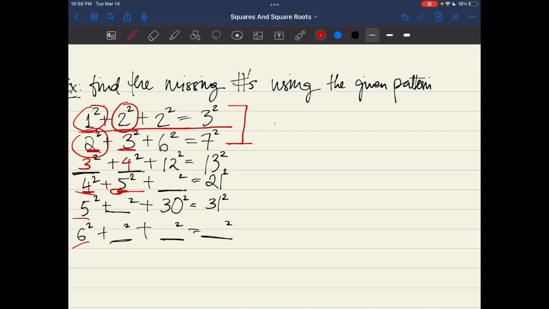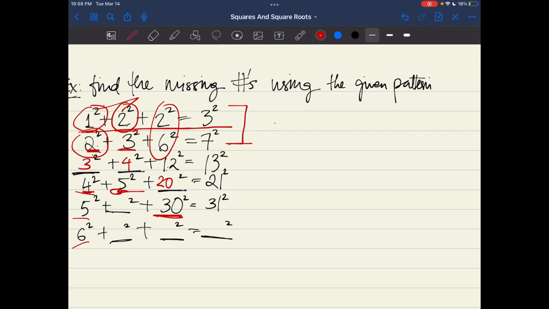And now let's see how was the third number generated. We see that 1 times 2 is 2, and we see that 2 times 3 is 6. And here we are also seeing that 3 times 4 is 12, right? Therefore, the next number will be 4 times 5, which is 20.